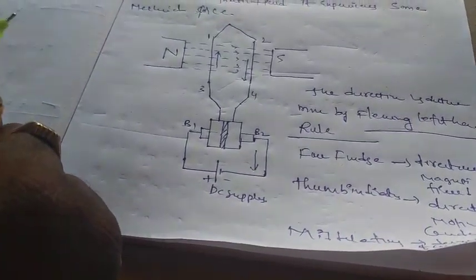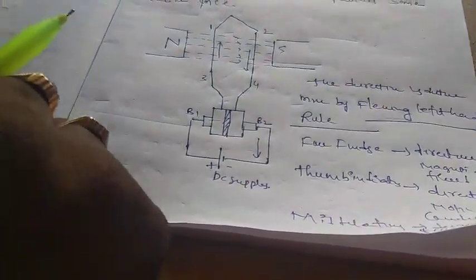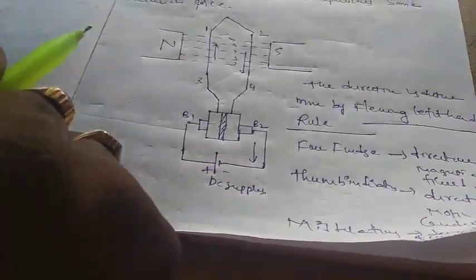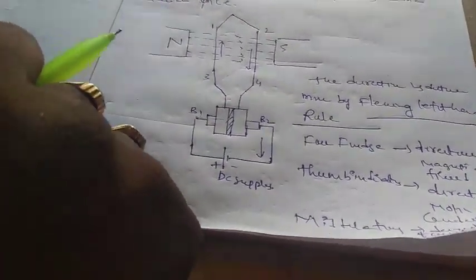Where is it rotated? In the magnetic field. In the rotating process it cuts the north pole and south pole flux lines, so an EMF is induced.